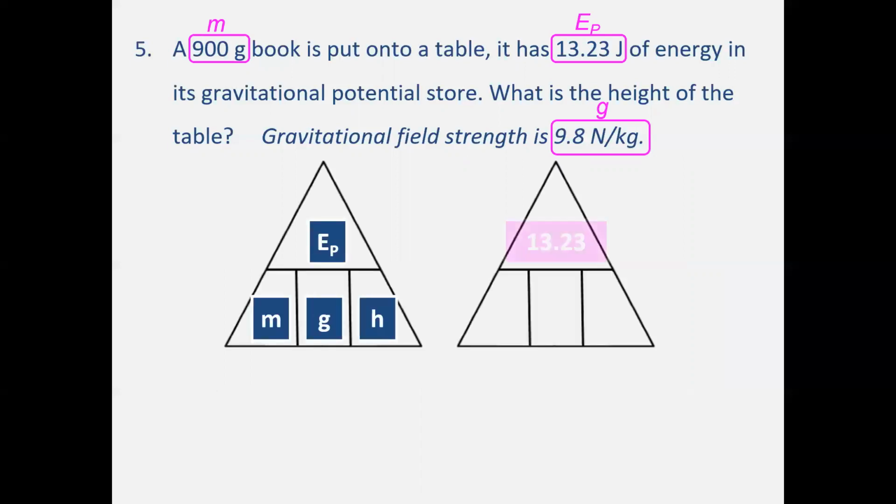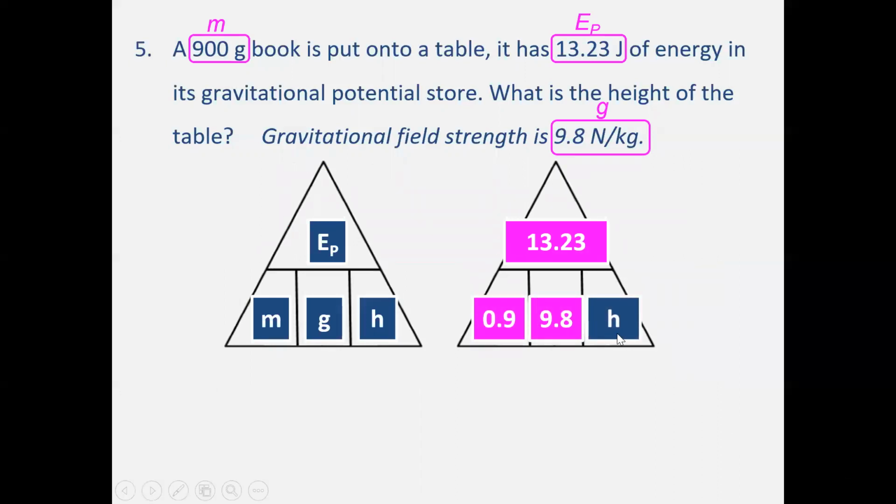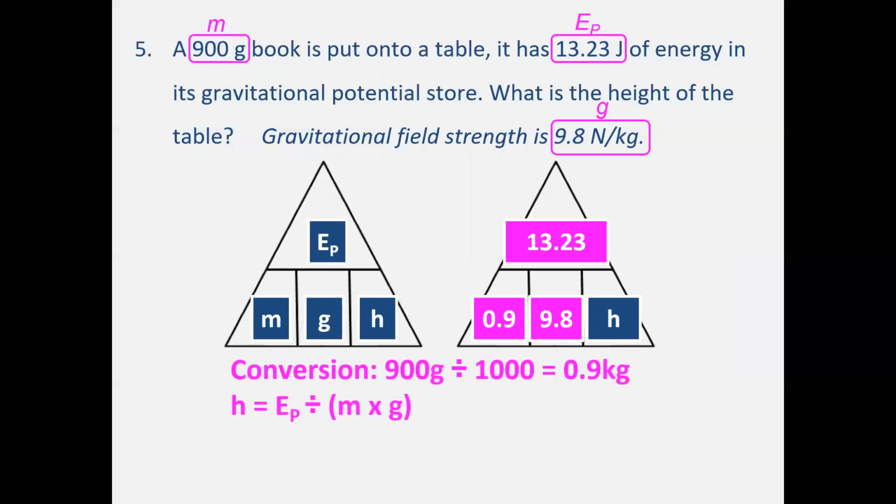Again, add that information to your formula triangle. And again, you can see height is what we're trying to find out. So you will cover up height. You need to do your conversion, which is 900 grams to kilograms is 900 divided by 1,000, which is why your mass here was 0.9 kilograms.